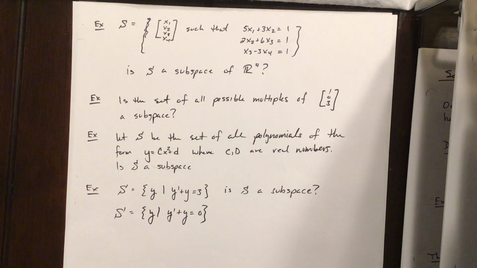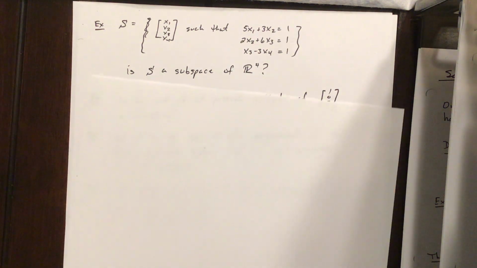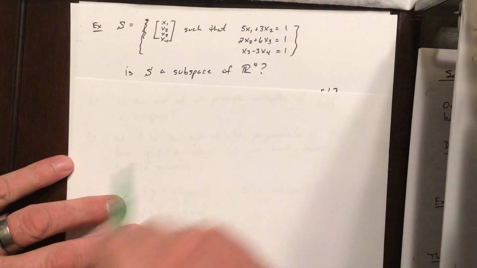Let S be the set of all vectors such that 5x1 plus 3x2 is 1, 2x2 plus 6x3 is 1, and x3 minus 3x4 is 1. So what are they describing here?